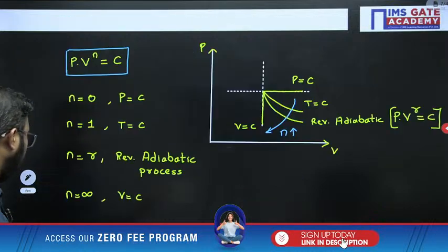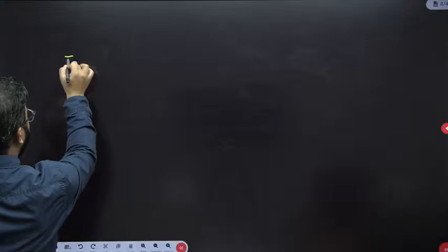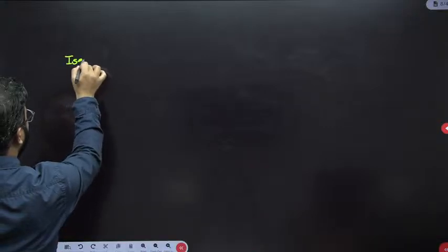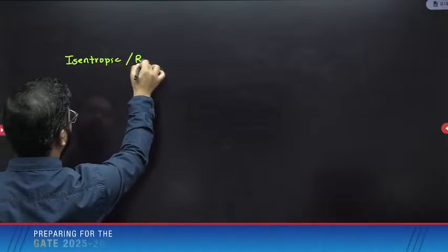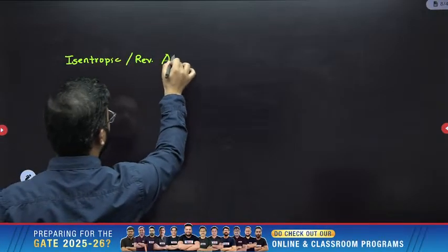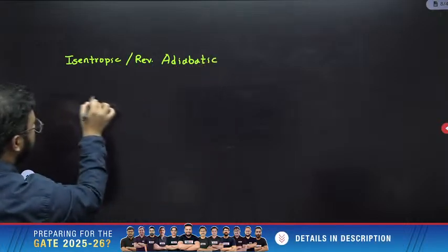Now one more thing after this. Before moving to the problem, one more important detail. For the isentropic process, which is also called reversible adiabatic, there is a relation that we need to remember.